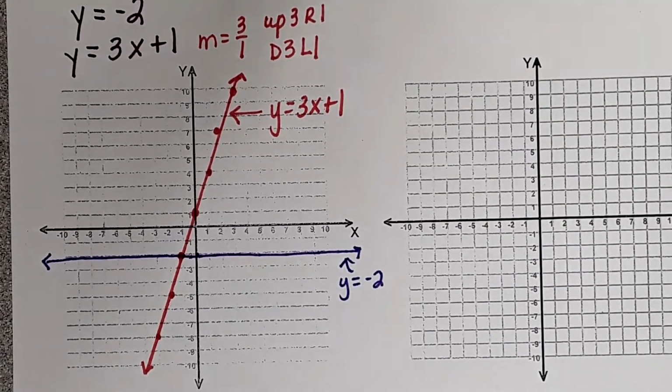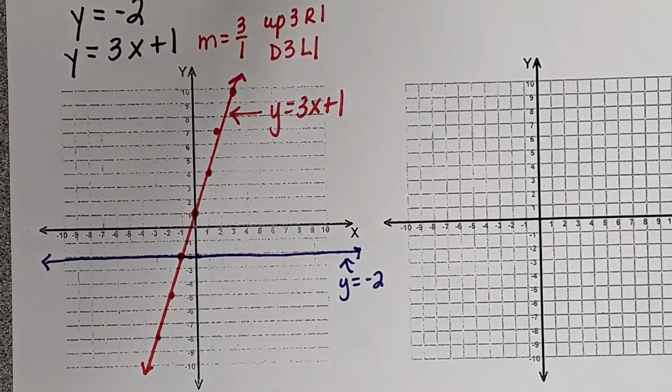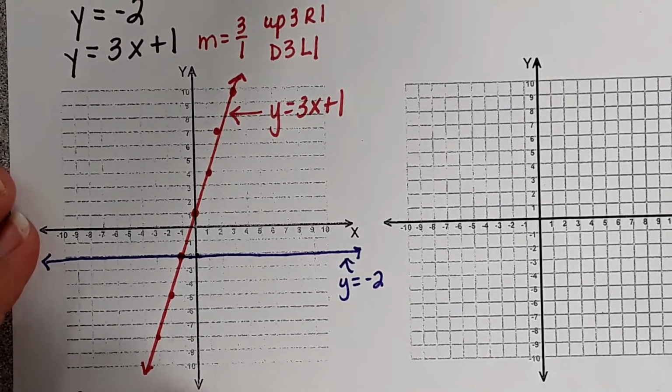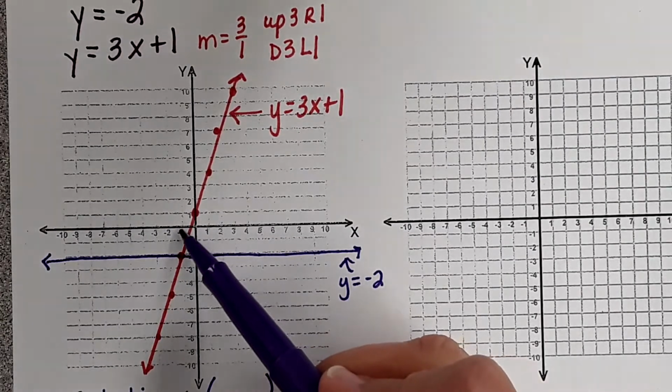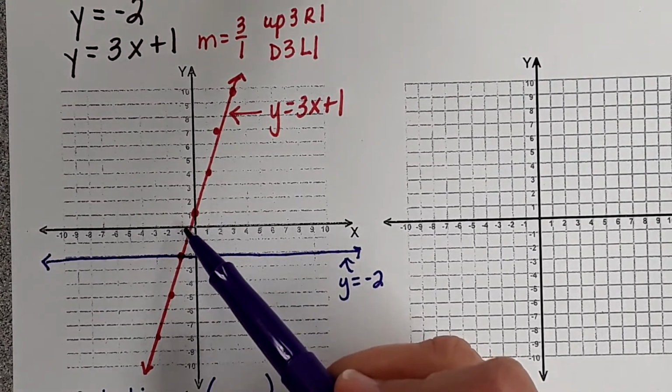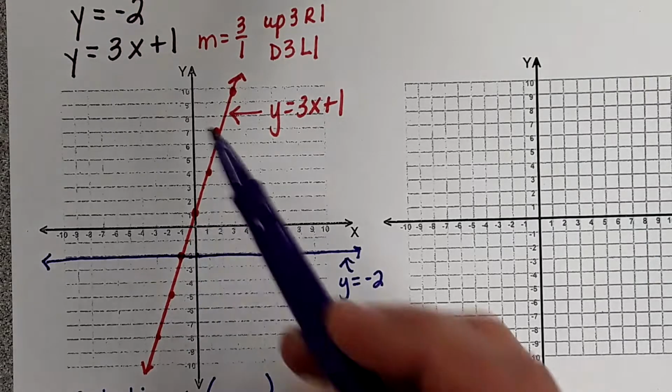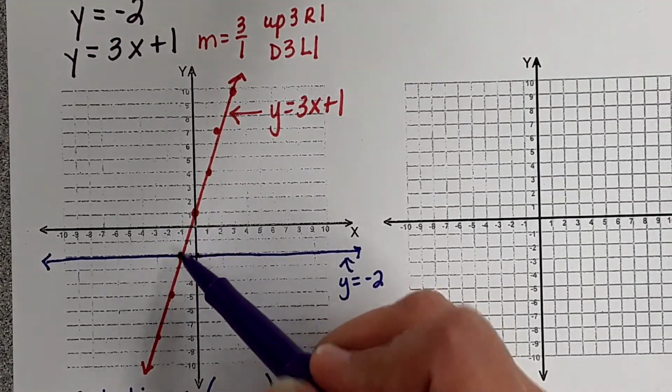So let's look at this. Does this look like intersecting lines, same line, or parallel lines? They're intersecting lines. If they're intersecting lines, I need to know the solution. The solution is the ordered pair where they intersect. Remember, it's your x first and then your y.